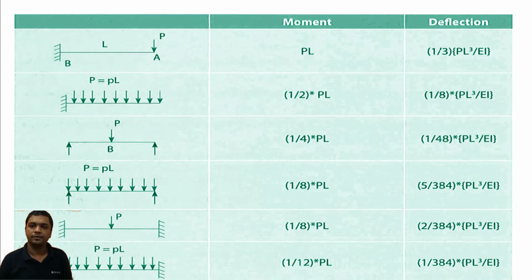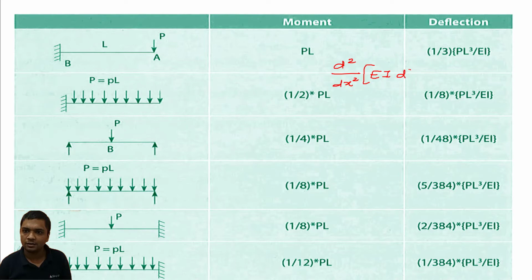Where is the pen? The governing equation as per Euler-Bernoulli beam theory is given like this: d square by dx square of EI d square w by dx square is equal to f of x, where x is changing between 0 to L, where w is deflection, I is the area moment of inertia, E is Young's modulus, and f of x is a given function, whatever is given.